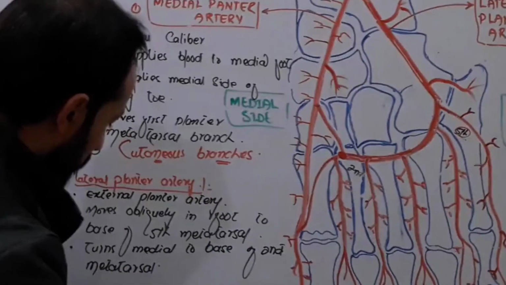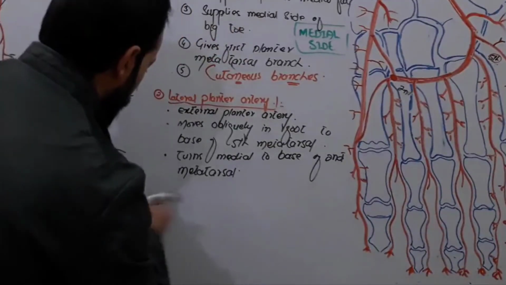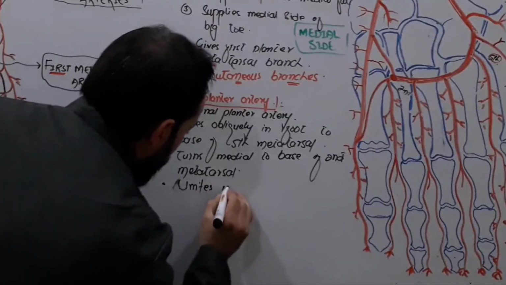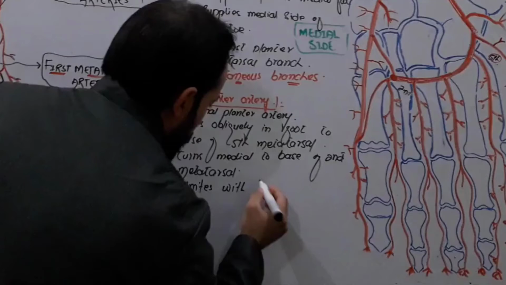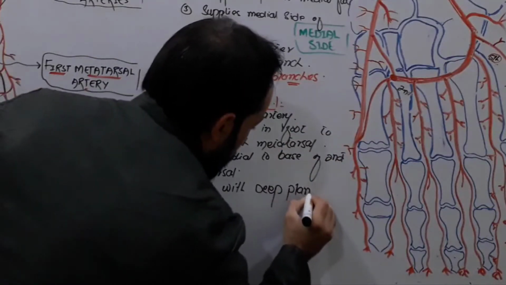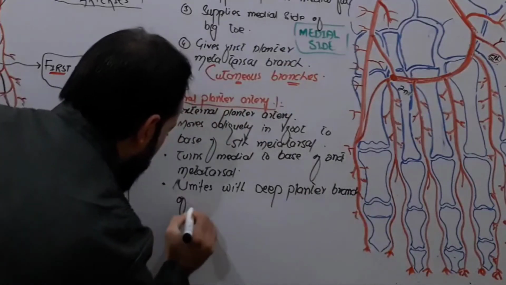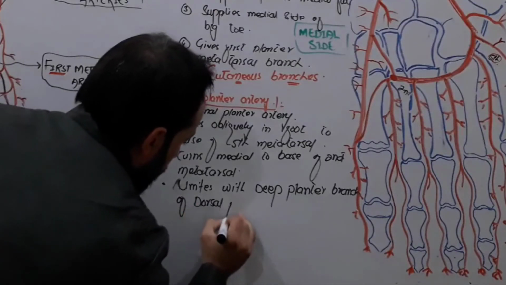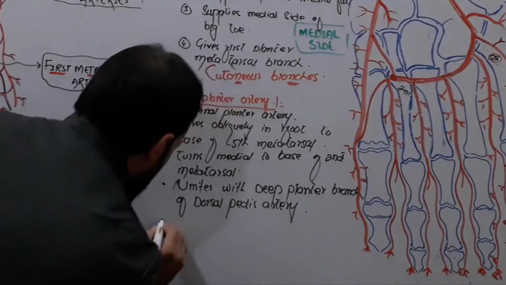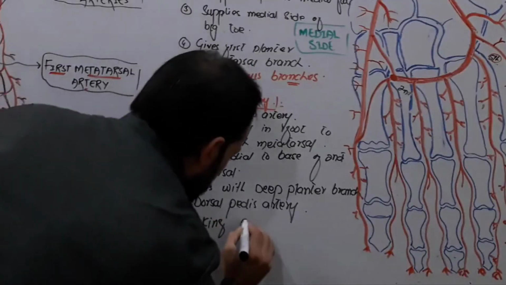It turns medially to the base of the second metatarsal and unites with the deep plantar branch of dorsalis pedis artery, making the plantar arch.